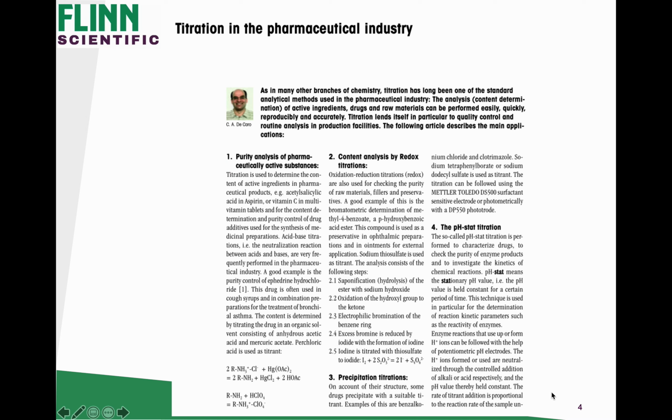Here is yet another article showing you some of the uses of titrations, this one for pharmaceuticals. If you look over here, you'll see the use of an acid-base titration to determine the purity of the enzyme products and to investigate the kinetics of the chemical reaction. So how quickly will it happen?